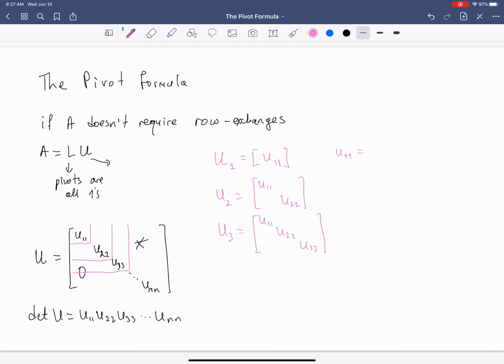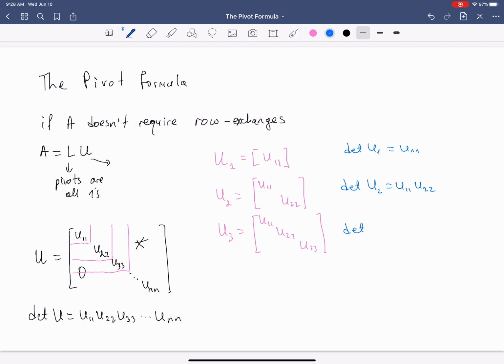And now, the determinant of U1 equals U11. The determinant of U2 equals U11 times U22.